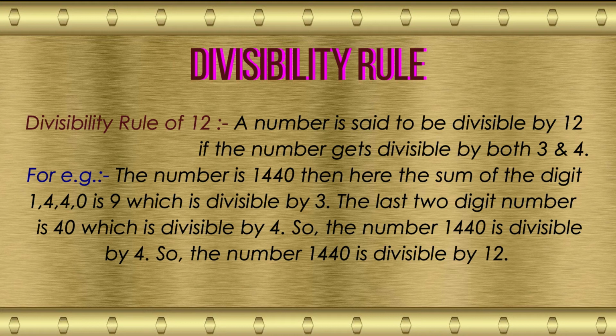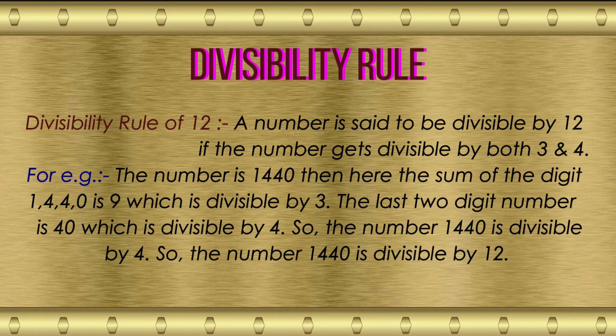Divisibility rule of 12. A number is said to be divisible by 12 if the number is divisible by both 3 and 4. Let us take an example. Suppose you are given the number 1440.